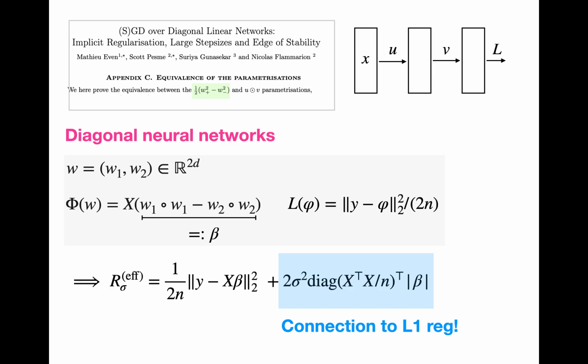However, this parameterization is very interesting to understand training dynamics. So when considering, in this case, the form of a regularizer, we find that this regularizer is actually very related to the L1 regularization. And this is very interesting because L1 regularization has provable connections to generalization.